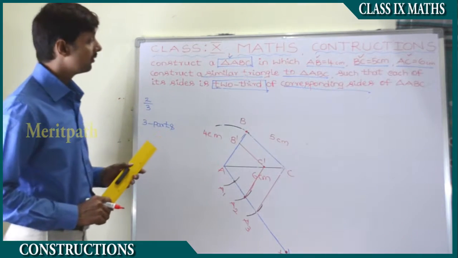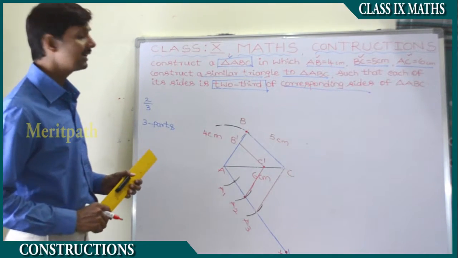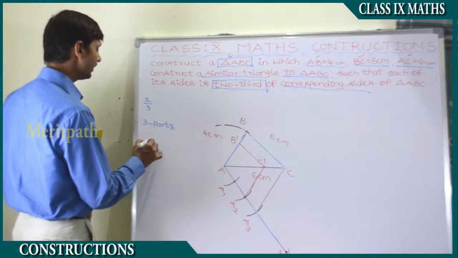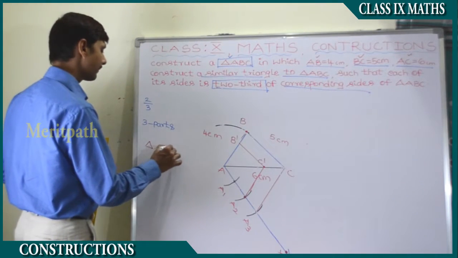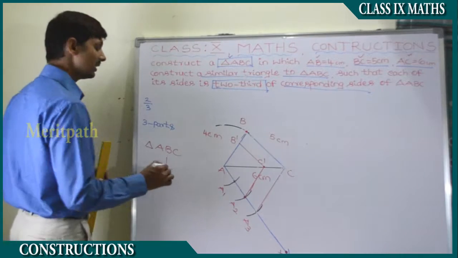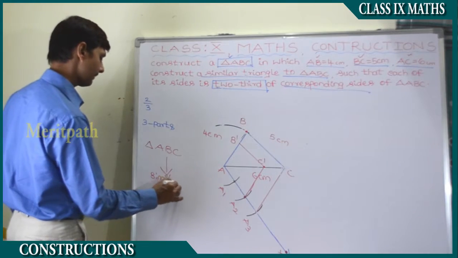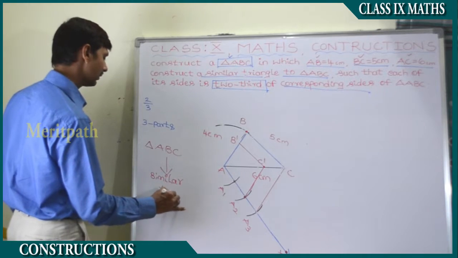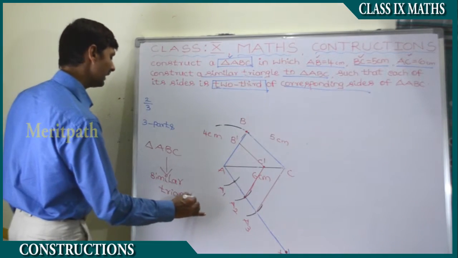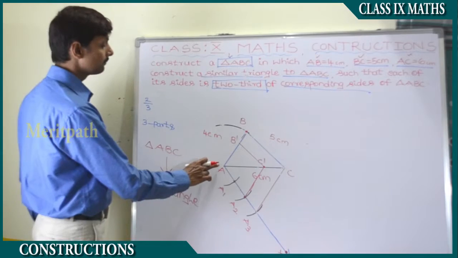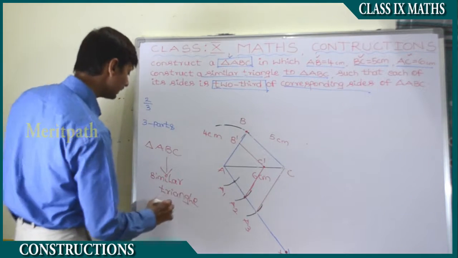Then we observe that triangle ABC is the triangle we have drawn, and a similar triangle for triangle ABC is A, B dash, C dash.